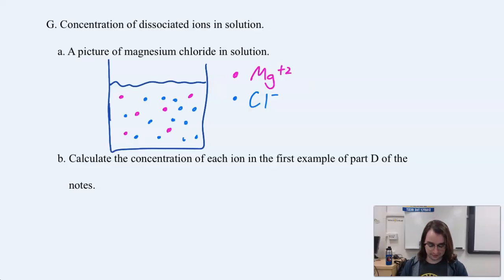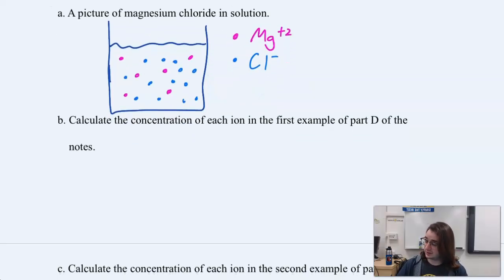Now let's see if we can calculate the concentration of each ion from the first example. So we're talking about calculating the concentration specifically of the magnesium ion and the chlorine ion from the calculations that we found before. We're using this dissociation equation to figure out the concentration of each individual ion.